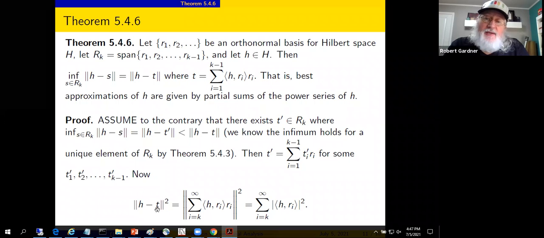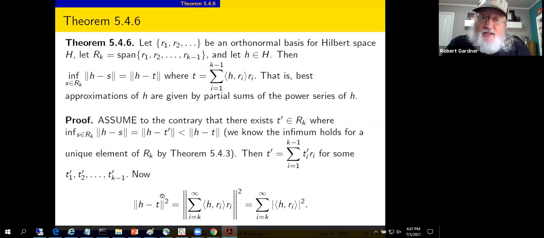We subtracted away t. T is a partial sum of that series. So when we take the whole series and subtract this off, when we take h minus t, we take that series and pick up at the kth term. That's why this reads I equals k to infinity. So this is using the previous result, giving us the representation of h in terms of that hypothesized orthonormal basis. Taking the difference produces this.